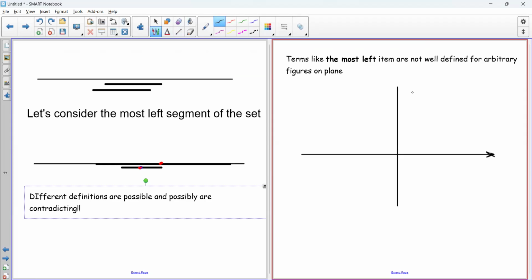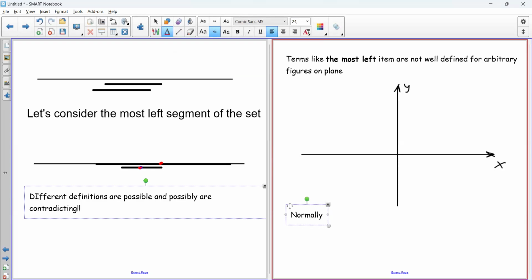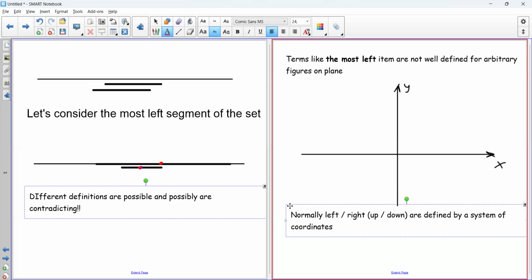So from this point of view, normally left, right, and also up and down are defined by a system of coordinates, in a natural way.